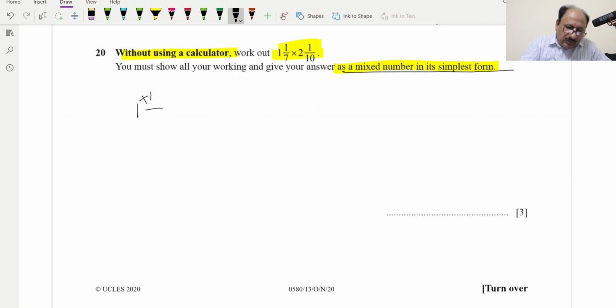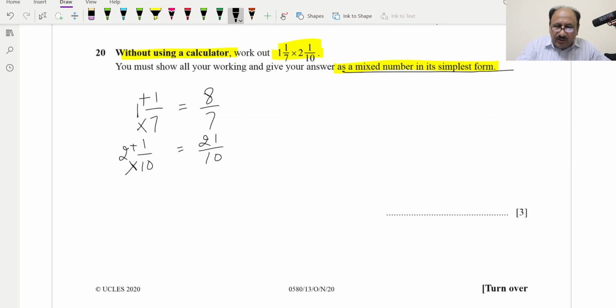So 7 ones are 7 plus 1 will be 8. So 8 over 7. And if we change 2 whole 1 over 10, 10 multiplied by 2 will be 20, then plus 1 will be 21, so it will be 21 over 10.